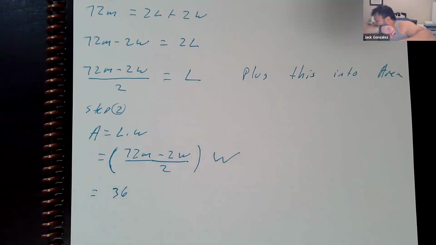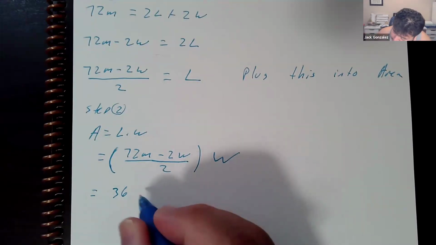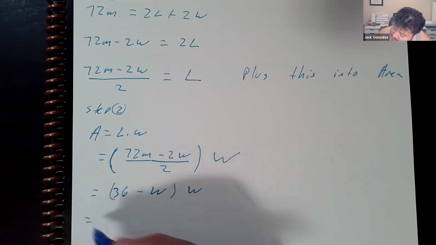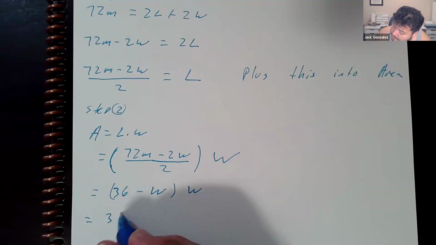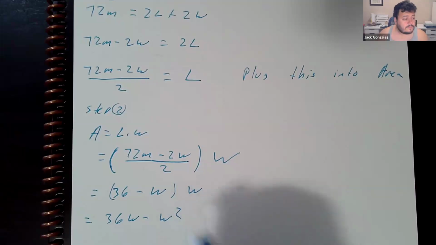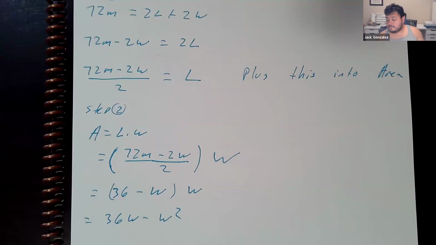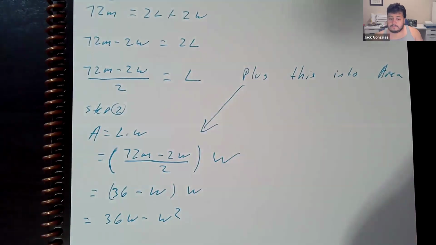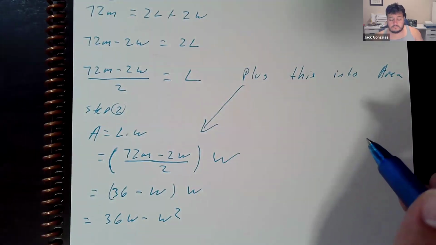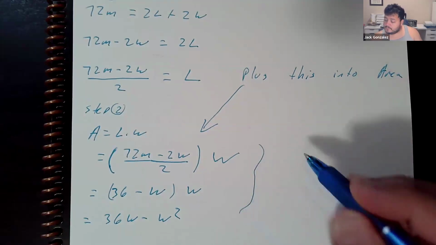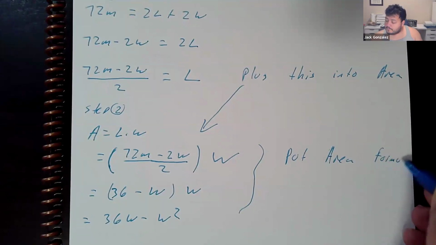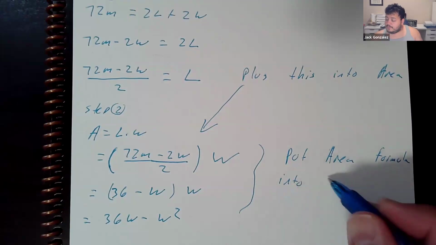Minus W times W, giving me 36W minus W squared. Here we're putting the area formula into one variable.